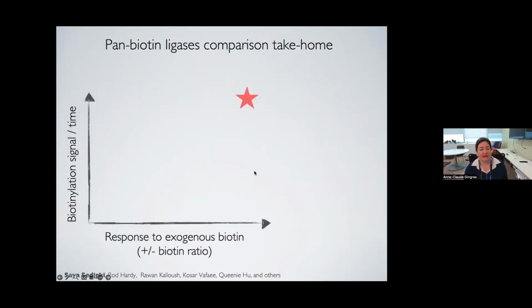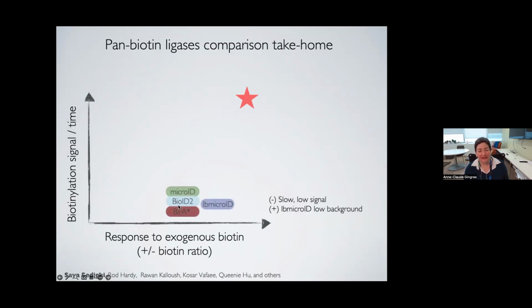And to make a long story short, where we want to be is in that star corner where we get a very strong biotin signal in as little time as possible so that we can do those dynamic studies. But we also need to have a good response to exogenous biotin. So in the absence of biotin, we don't want signal, and we want signal only when we add this exogenous biotin.